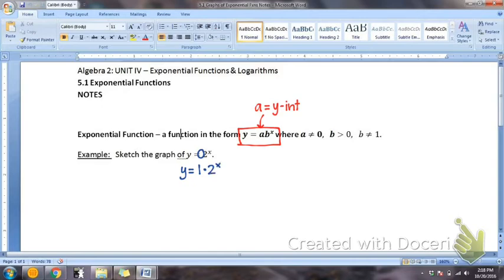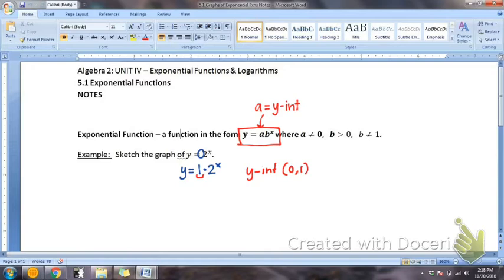That's the same thing. Remember that the a value is going to tell us what the y-intercept is. So if we don't see it there, we know that the y-intercept is really (0, 1), because it's this number right here, and if it's crossing the y-axis, the x value is 0.